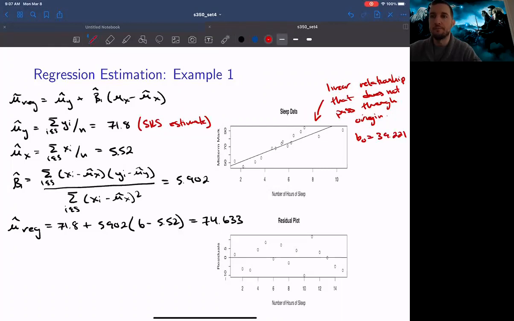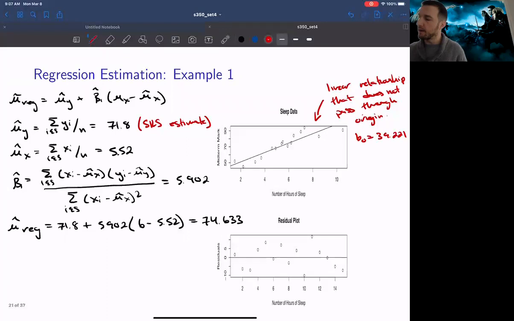Regression estimation assumes that you have a straight line relationship that can model how the response variable changes with the explanatory variable, but the intercept of that model does not have to pass through the origin. Okay.